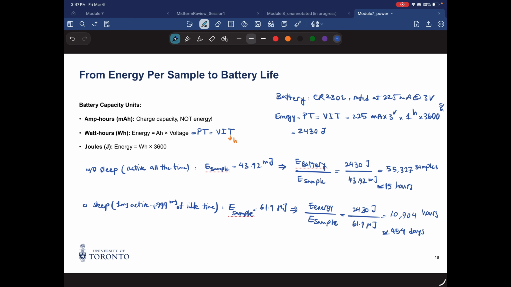So we can see here how much this would last. We went from less than a day of operation to more than a year of operation. So you can see the benefit of a sleep mode here.